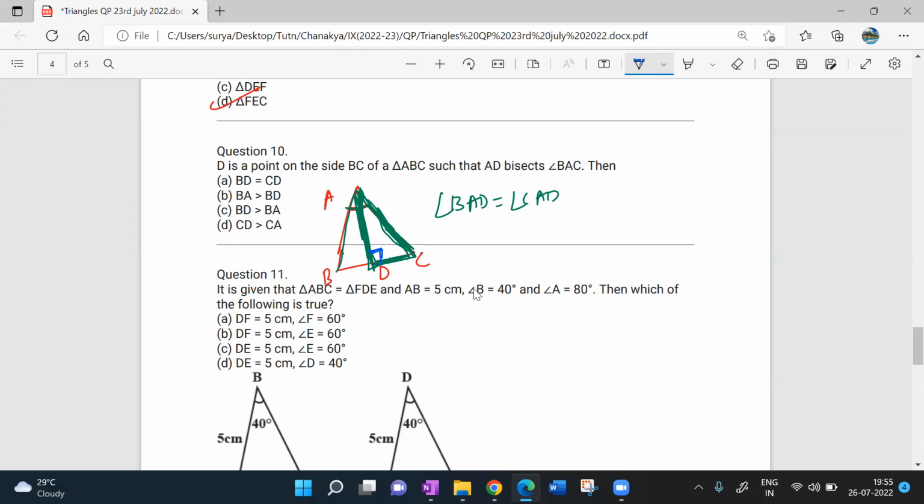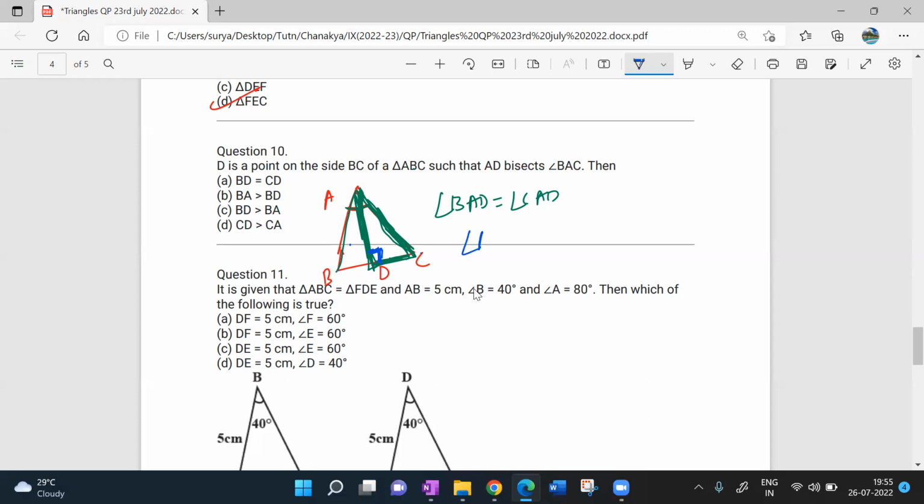This is the external angle. For angle ADC, this is an external angle. What we know from the external angle of a triangle is that it is always greater than the internal opposite angles of the same triangle.